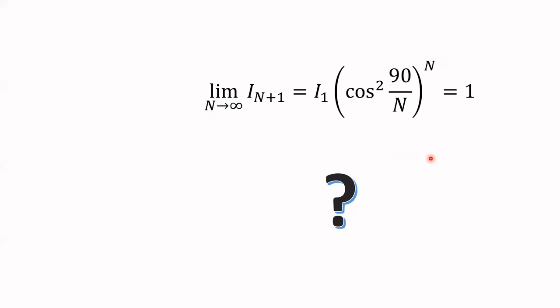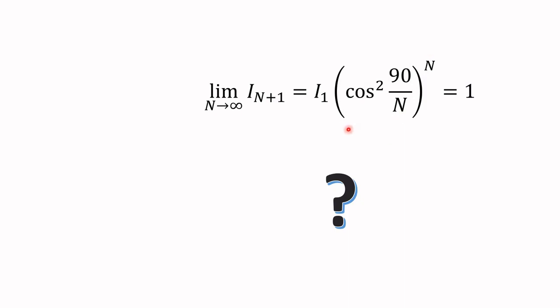There's always some absorption. So pretend we've got a very large number of ideal filters. Then the angle for each application of Malus's law would be 90 degrees divided by the number of filters, that very large number. But we would have to apply that law n times, once for each filter.